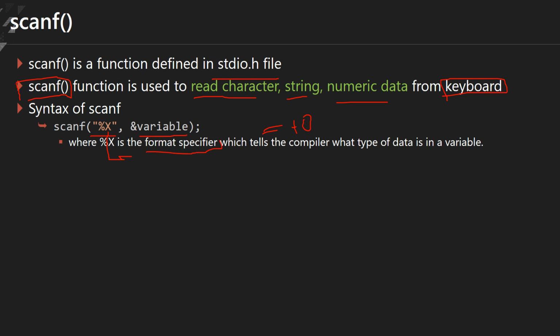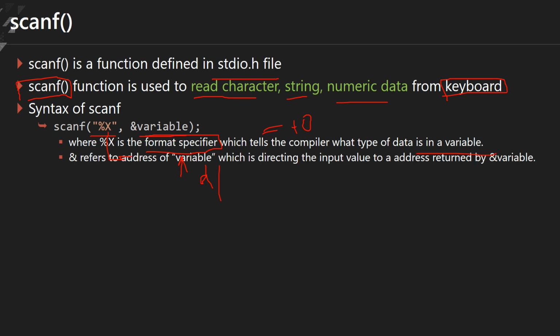Sorry, I was saying access specifier, but it is a format specifier. It indicates the format, whether your data read from the keyboard is an integer, double, float, character or string. Depending on that, you use the format specifier, which tells the compiler what type of data is in the variable.